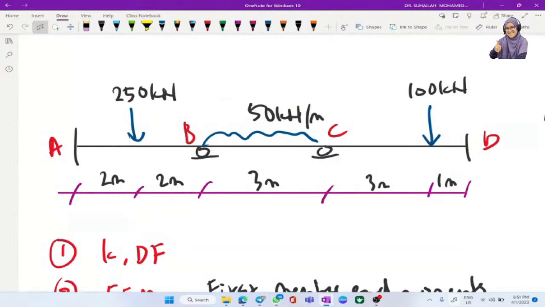AB is subjected to 250 at the middle of AB, member BC is loaded by a uniformly distributed load along BC, and member CD has a vertical load subjected 1 meter from D. This means each member AB, BC, CD has a fixed end moment. We calculate it one by one.